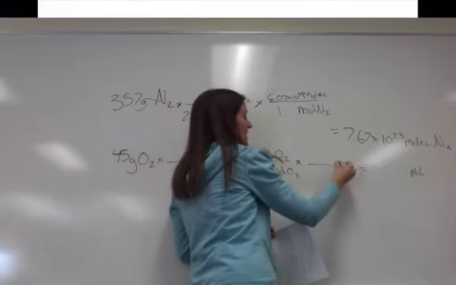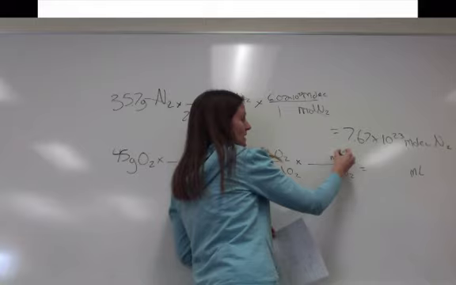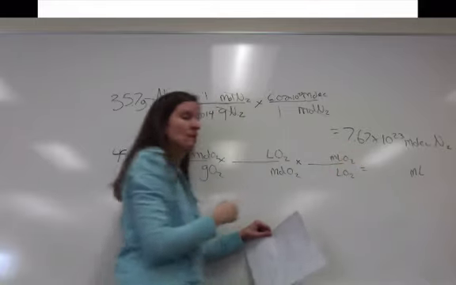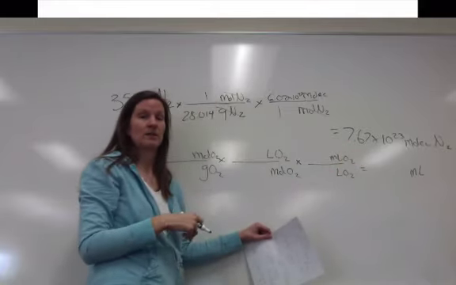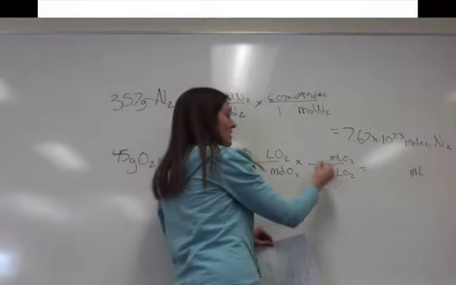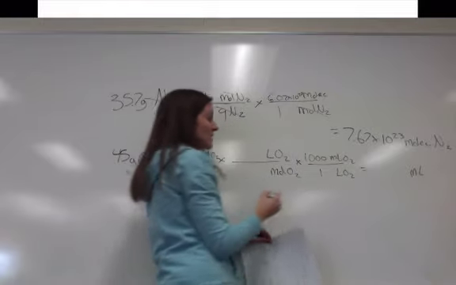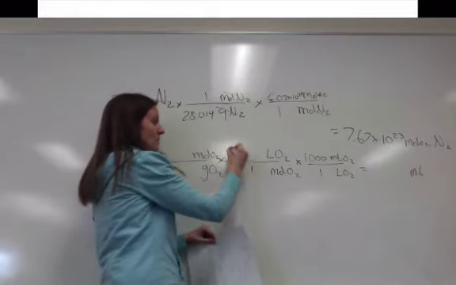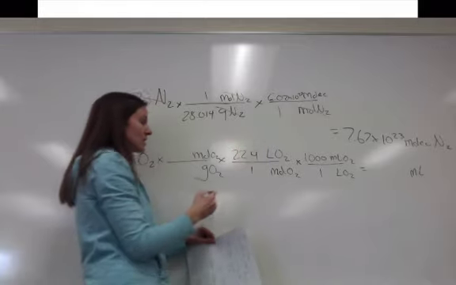And once I'm in liters of O2, I can get to milliliters just using what I already know about my relationships between prefixes. So for every 1 unit liter, that's 1,000 milliliters. For every 1 mole, that's 22.4 liters.